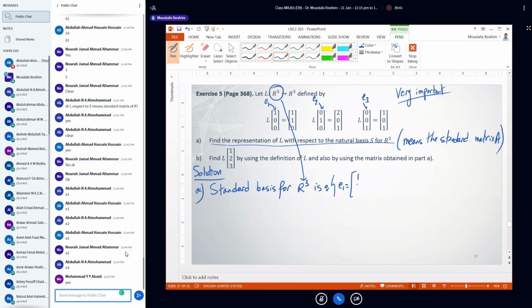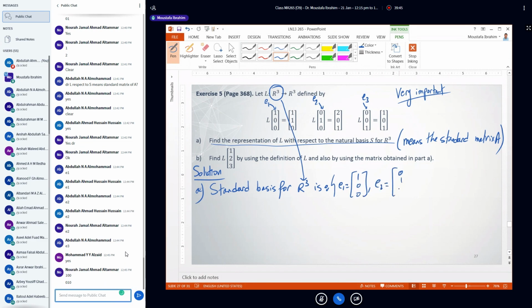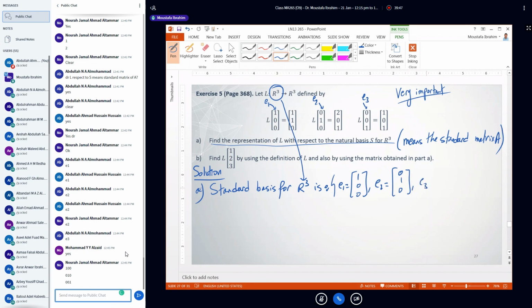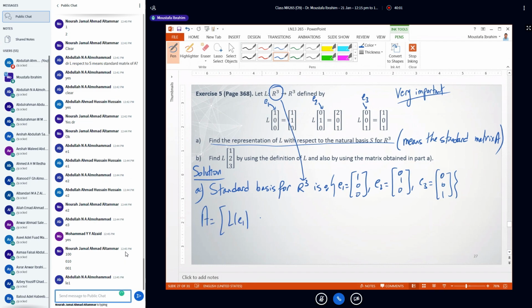E1 equal to (1,0,0), E2 (0,1,0), and E3, we have only 3 because the dimension is 3, (0,0,1). Now, the standard matrix will be L(E1), very good, L(E2), L(E3). We have all the information, correct?